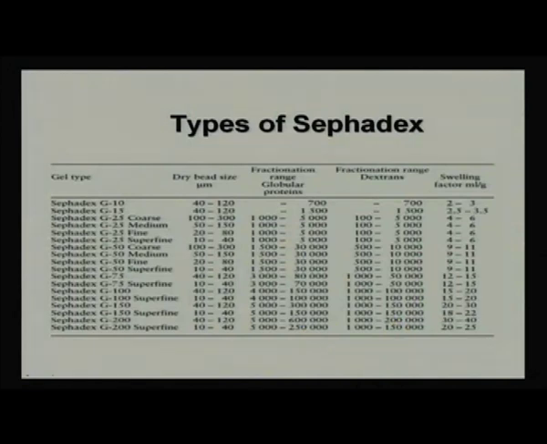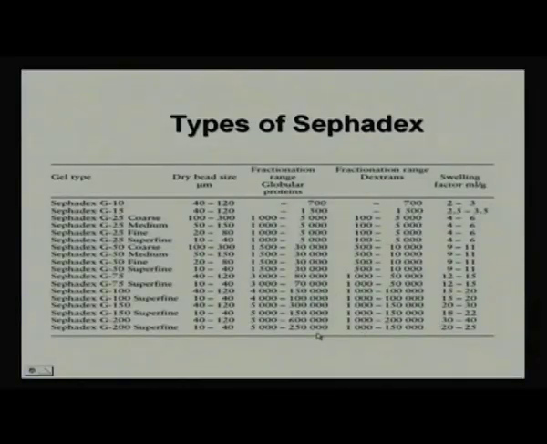Say, for example, if we are taking G200 as one of these matrices, here the fractionation range for protein can vary from 5,000 to 250,000. And here the fractionation range for dextran, because Sephadex is a dextran-derivatized bead, is 1,000 to 150,000.